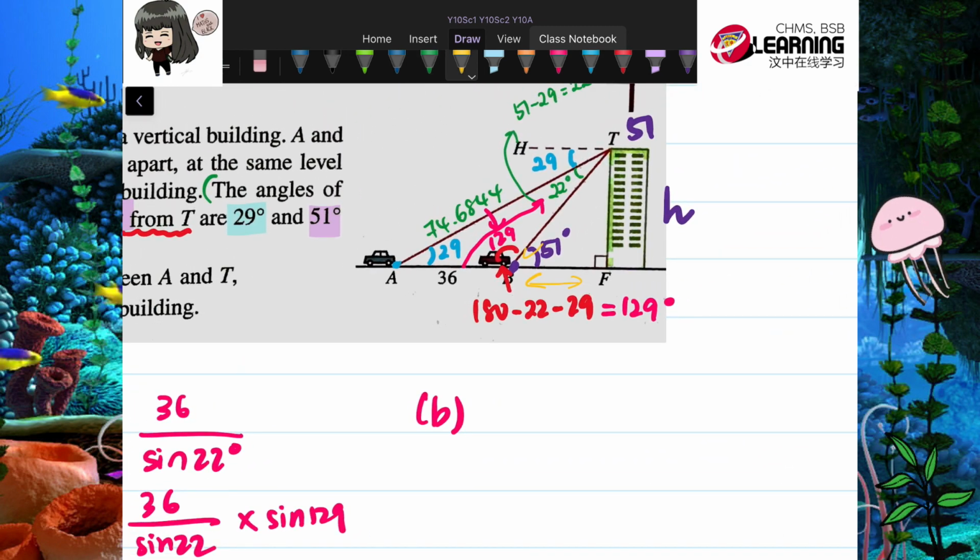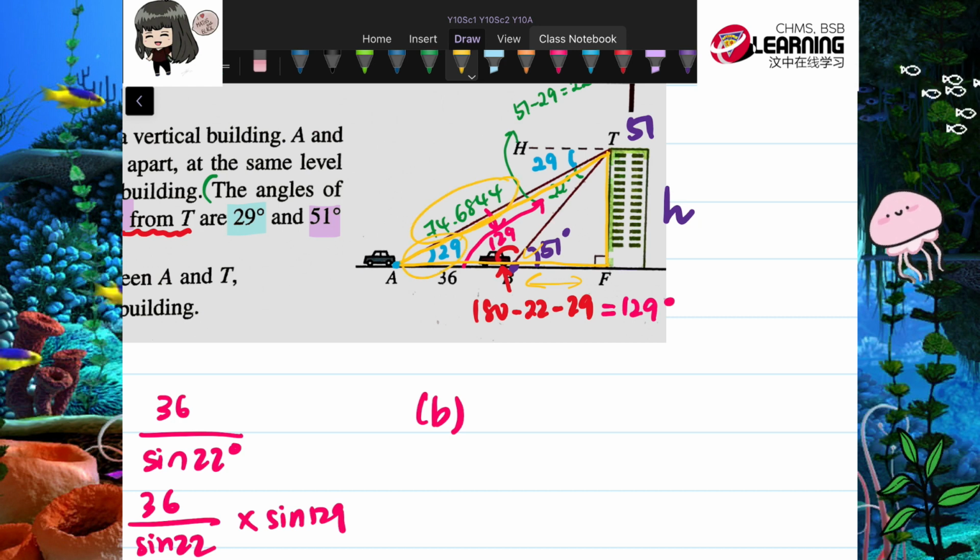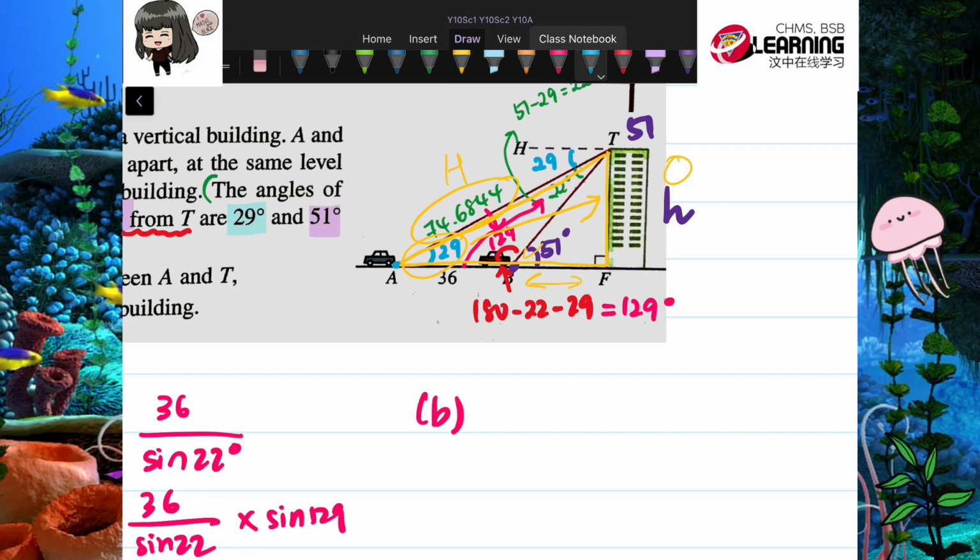Okay, you see this big triangle. Just now that triangle you cannot use, right? Because you are not given any length. So how about this one? You're given 74.6844. You have this 29. You can use SOHCAHTOA now, using this yellow triangle here. So this 29, the opposite is your H, and your hypotenuse here is your 74.6844.